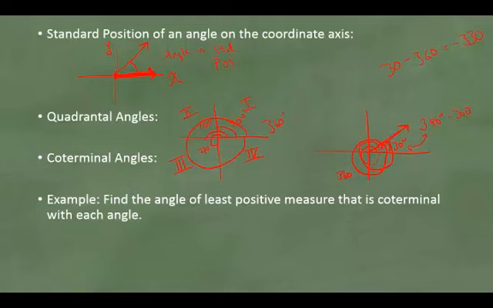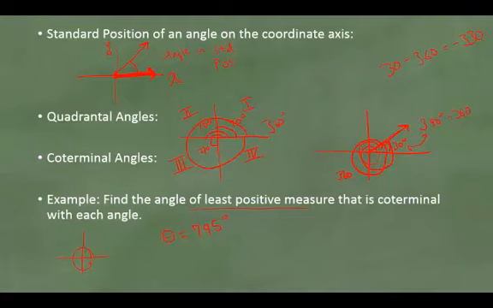Find the angle of least positive measure, the smallest positive angle, that is coterminal with each of these angles. Let's start with theta equal to 795 degrees. We know that's more than one way around, because 360 is all the way around. How much more? We can figure that out with the calculator.